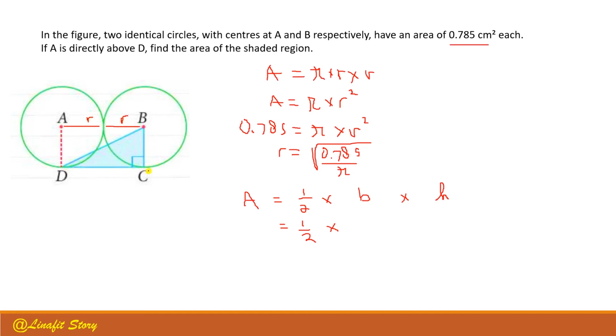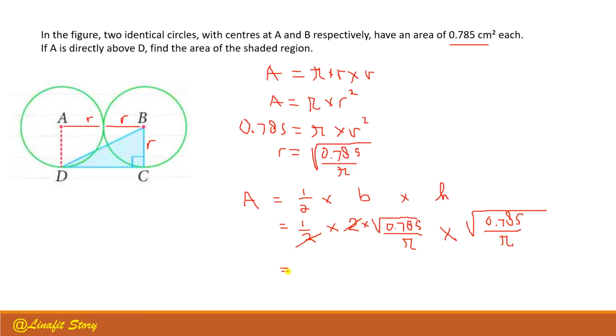So the base of the triangle is 2 times radius. So 2 times the radius is the square root of 0.785 out of pi, times the height of the triangle. The height of the triangle is the radius of the circle. So times the square root of 0.785 out of pi. Then we can cancel the 2.